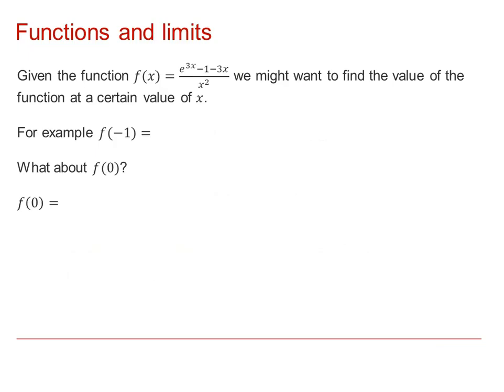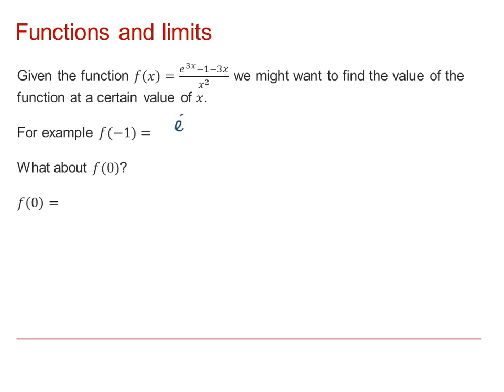We're given a function of x, then we often want to be able to evaluate that function at particular values of x. So let's look at this example where f of x is e to the power 3x minus 1 minus 3x, all divided by x squared. If we wanted to evaluate f of x when x is equal to negative 1, it's simply a case of substituting negative 1 into there.